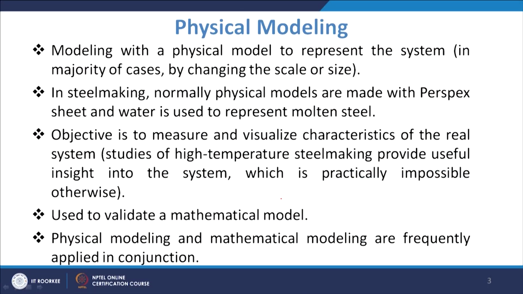So the objective is to measure and visualize characteristics of the real system. Studies of high temperature steel making provide useful insight into the system, which is impossible otherwise, because you cannot visualize the actual system where the steel is flowing, because of the very high temperature, and also it is not transparent. What is happening when diffusion takes place, or alloying elements go into it, or there are inclusions, how they are going to float, or in which zone the steel is still showing stagnation.